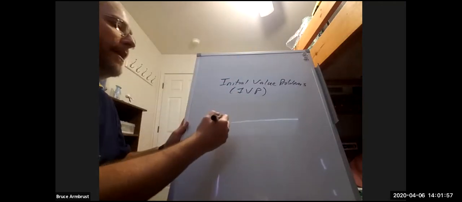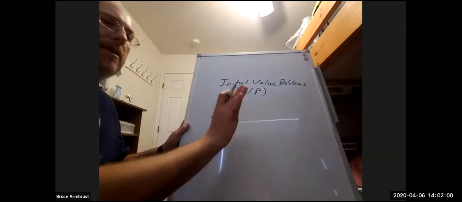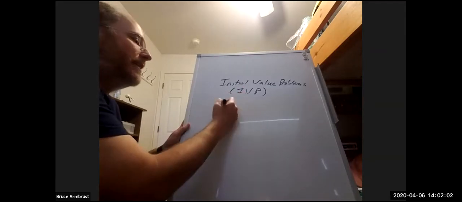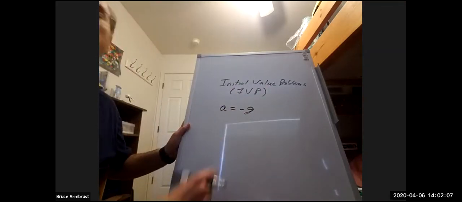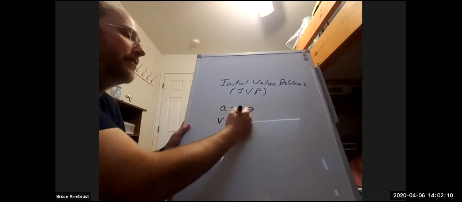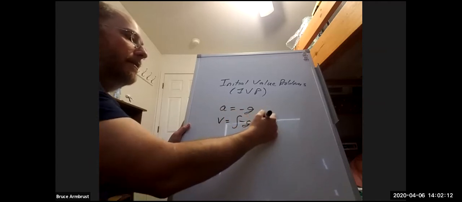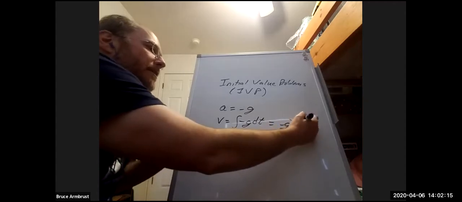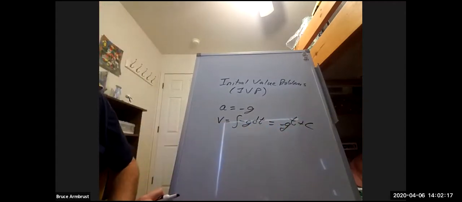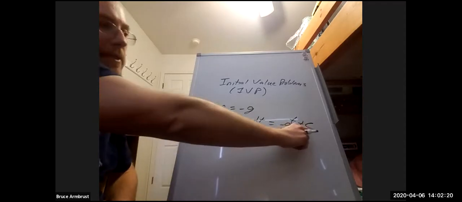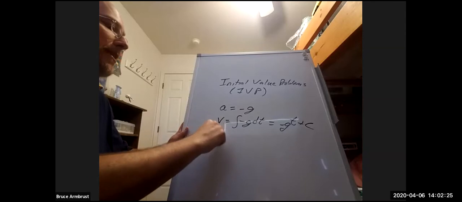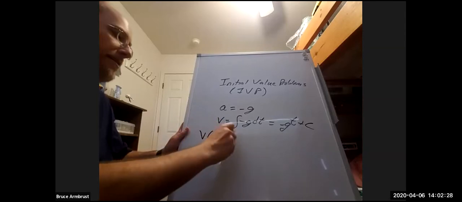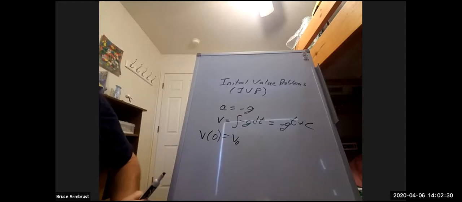Let me give you an example of one that you would have seen, okay? This would have been from beginning physics, where let's just go to gravity, right? We've got our acceleration is equal to negative g. So then you find your velocity, so you integrate that, and you get minus gt plus c. But we were able to replace that c by saying something like, all right, what if we knew that our initial velocity was, well, I'll call it v naught.